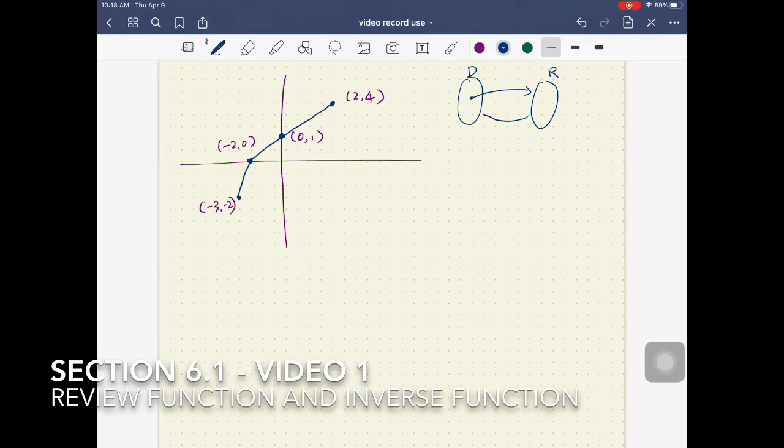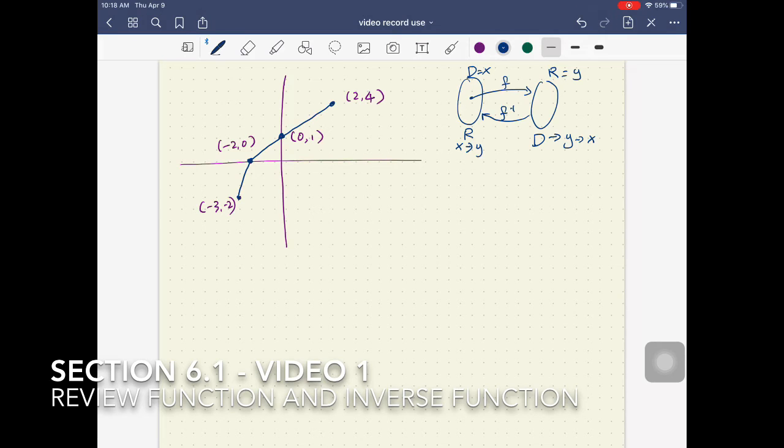But for the inverse function, the range becomes the domain and the domain becomes the range, which means now y becomes the x, and x becomes the y.